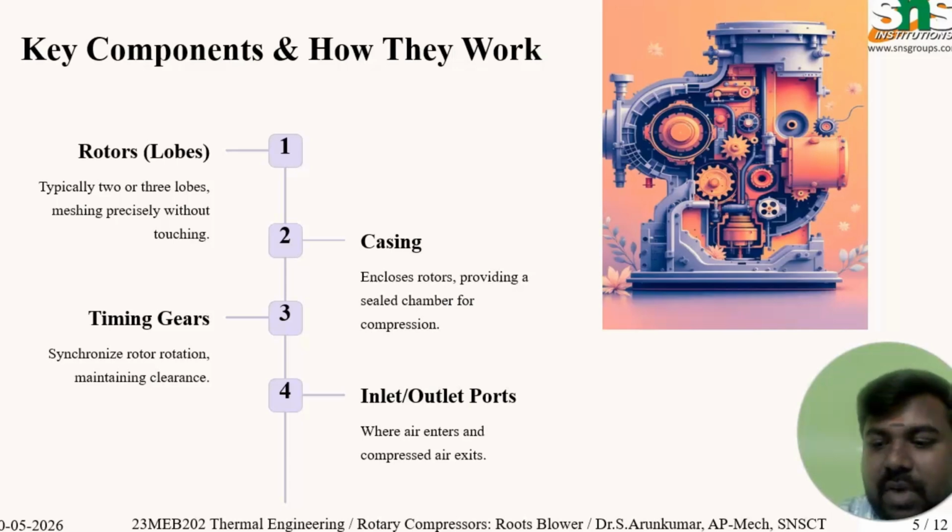The clearance volume is one of the key terminologies of air compressors; it is the volume available after the piston is in the TDC position, that is, top dead center. So the timing gears synchronize the rotor rotation as well as maintain the clearance volume. Finally, the inlet and outlet ports, where through the inlet port the air enters and compressed air exits through the outlet port. These are the key components of the roots blower.